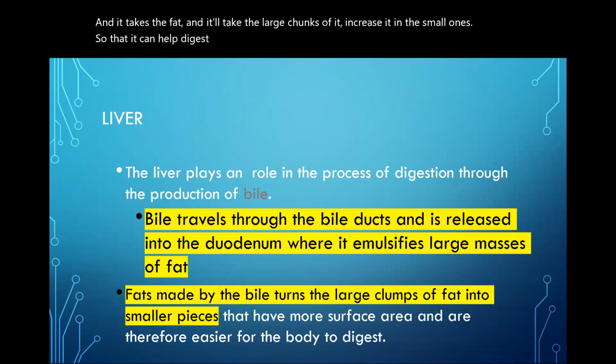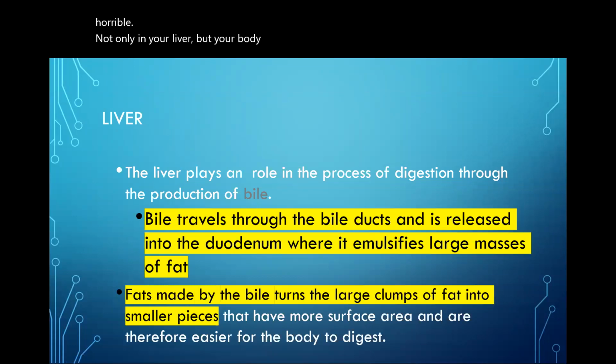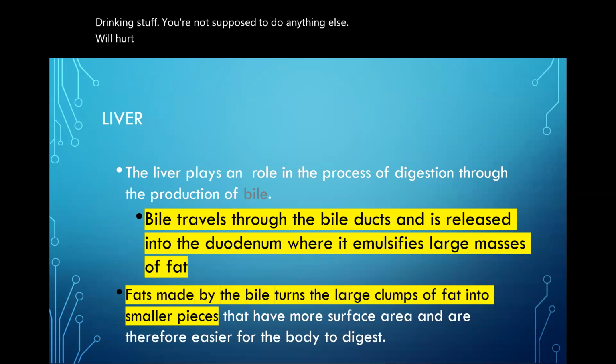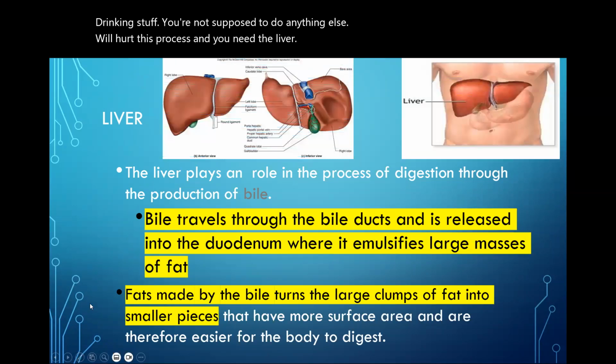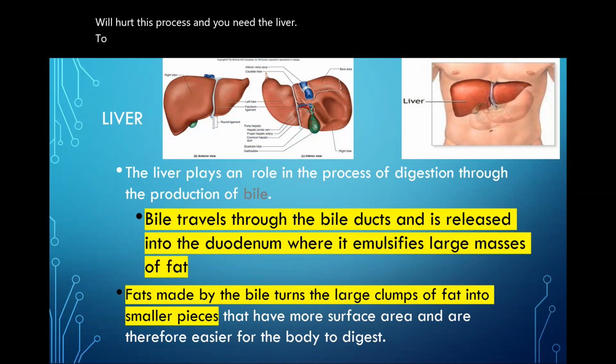So this is why putting toxins and different things in your liver is horrible, not only in your liver but in your body totally. Drinking stuff you're not supposed to, or doing anything else, will hurt this process. You need the liver to help you live.